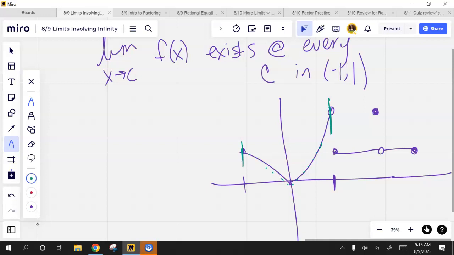No, it's interval notation. So from -1 to 1, exclusive. Does the limit exist everywhere there? Yes, because every left-hand limit equals every right-hand limit.